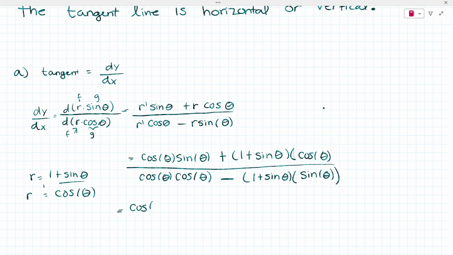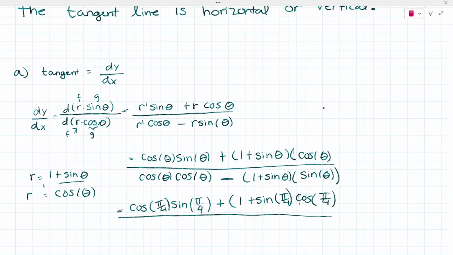It would be cosine of pi over 4 times sine pi over 4. Do the bottom as well, replace theta with pi over 4.